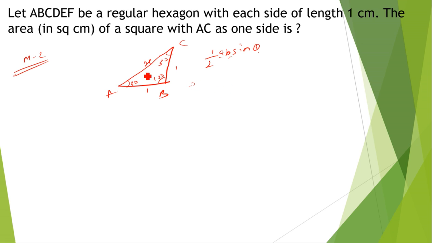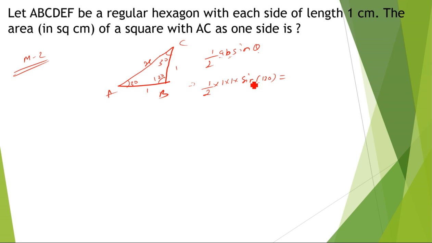So let's calculate the area by using the AB and BC sides. So half into AB length is 1, BC length is 1, into the angle between AB and BC, sine 120.